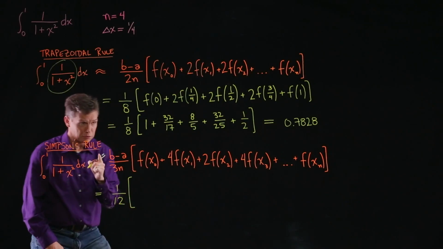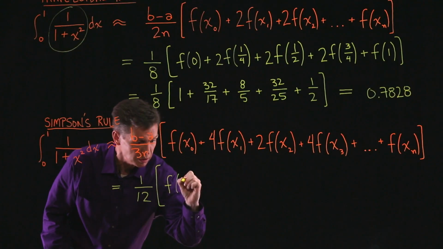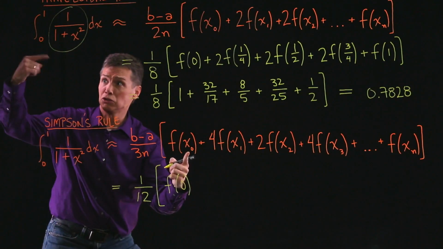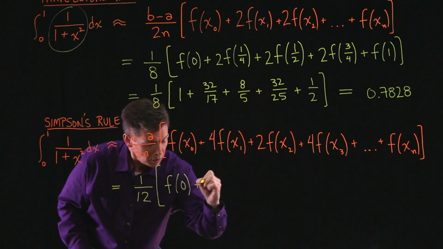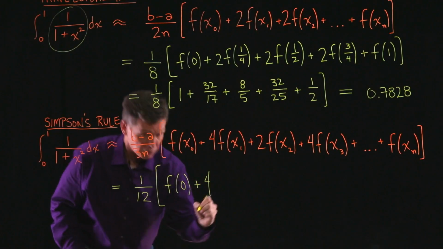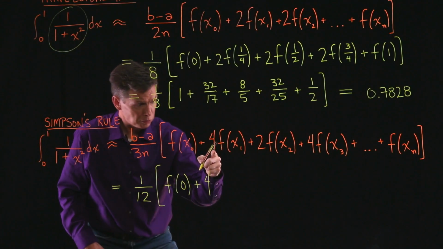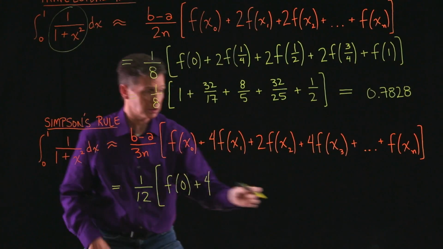And I think I'll take that same first step of just making sure I know what the arguments of my function are going to be. So x sub 0 is just 0, where you're starting in your definite integral, plus the coefficients for Simpson's rule start with 1 and then alternate 4, 2, 4, 2, 4, 2 until you get to the last term.